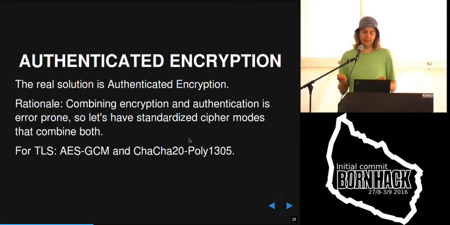So the idea is, let's standardize what's called an authenticated encryption mode, which is a standardized way to do both things together. The most widely used is GCM, which stands for Galois Counter Mode. And the one that's recently gained a lot of traction is Poly1305, which is usually used in combination with ChaCha20, which are both constructions from DJB.